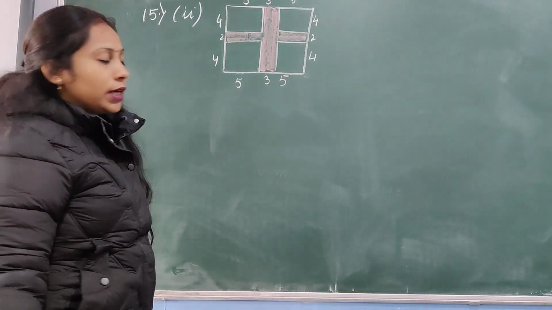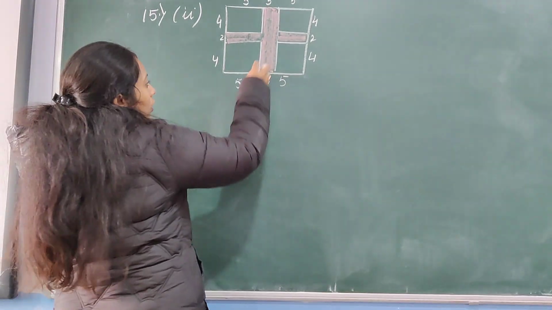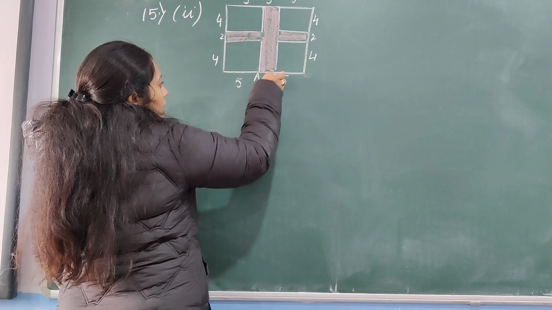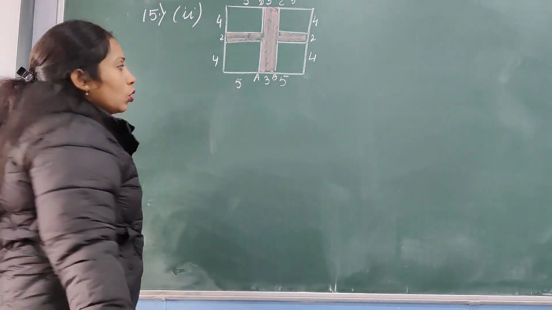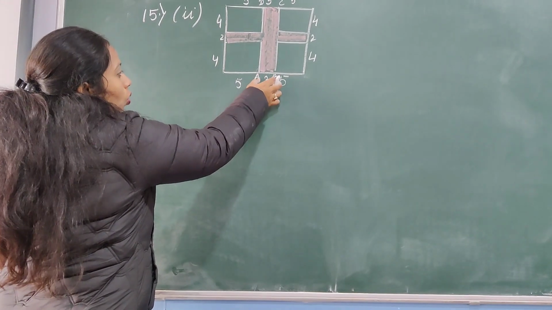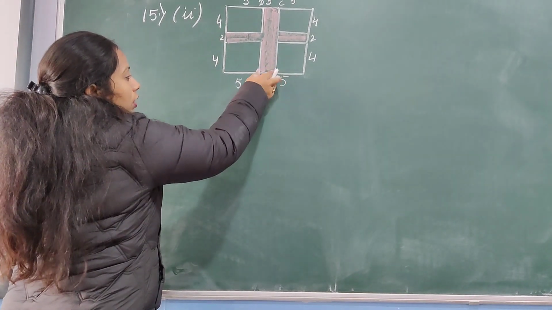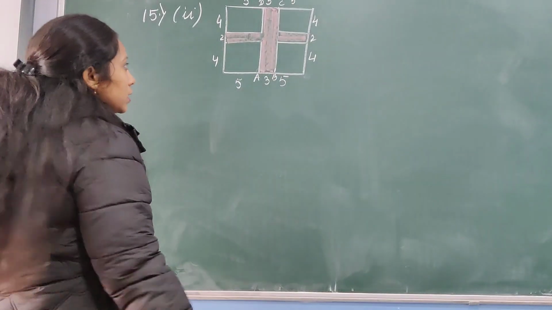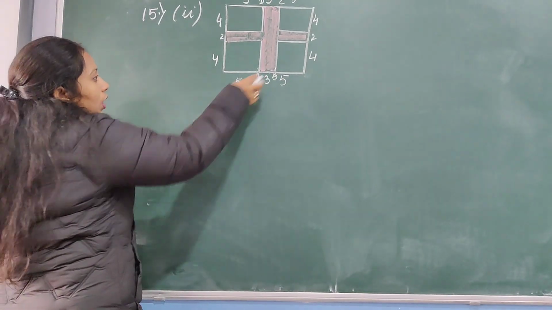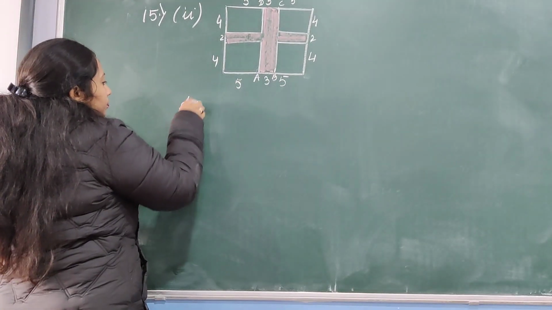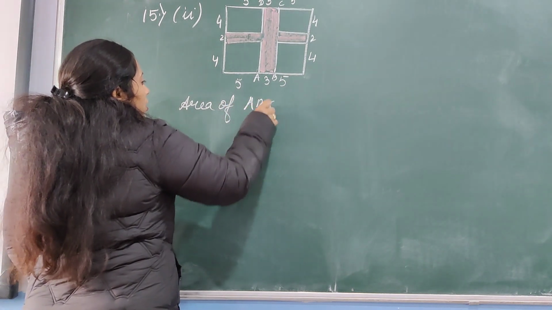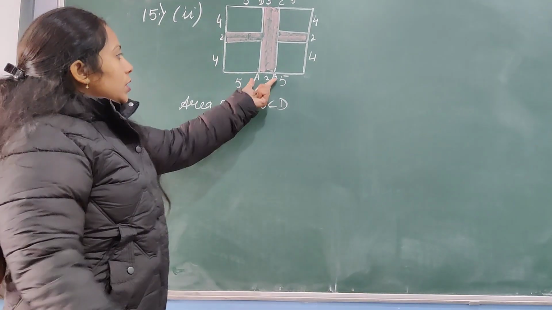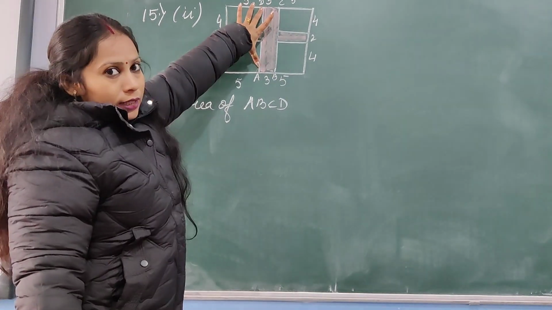Okay. So we can calculate. How can we calculate? See, first of all, to calculate the area, let's name it as A, B, C, D. AB. What is the measure of AB? 3 meters, isn't it? And area of ABCD is 3 meters into this total length, isn't it?